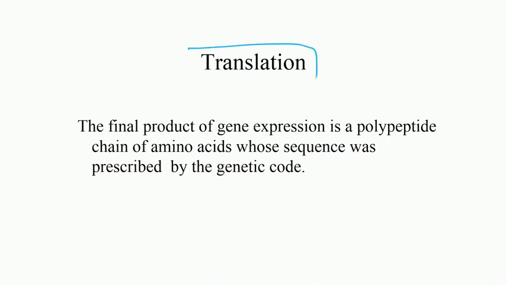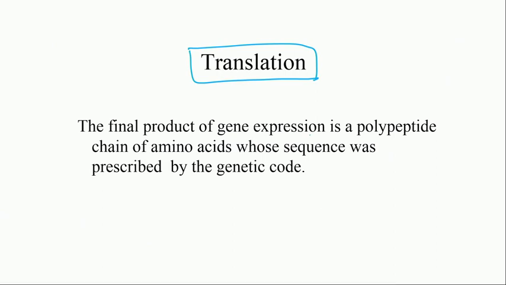So, translation is the process, or it is the final product of gene expression, to make a polypeptide chain of amino acids whose sequence was prescribed by the genetic code. So, there are now certain things which we need to clarify. One is this important thing, the genetic code.